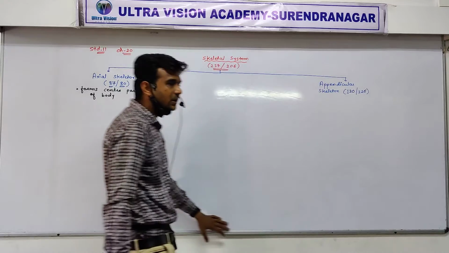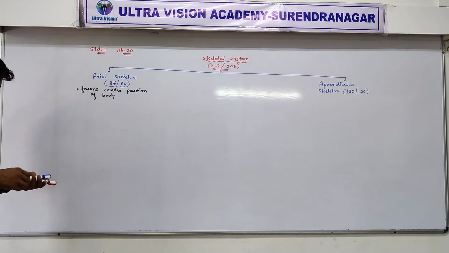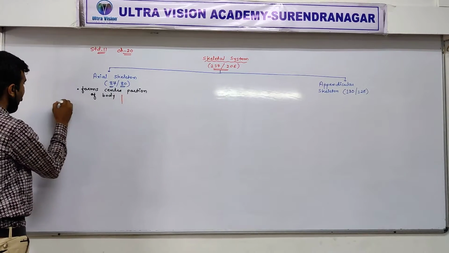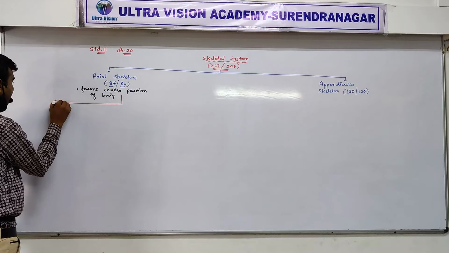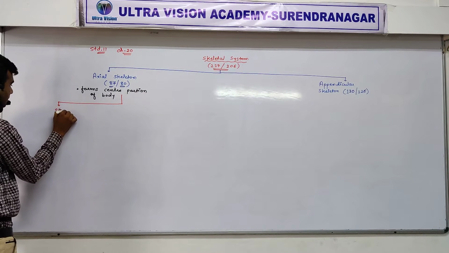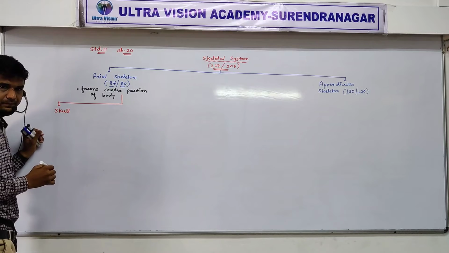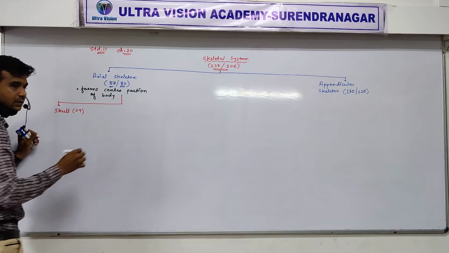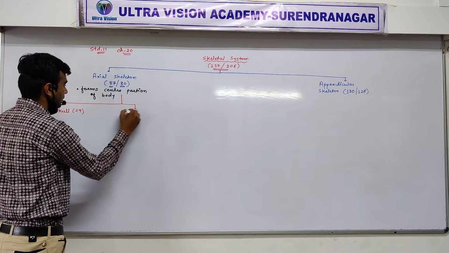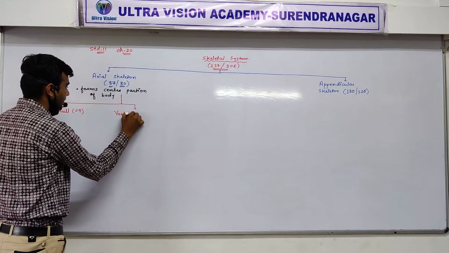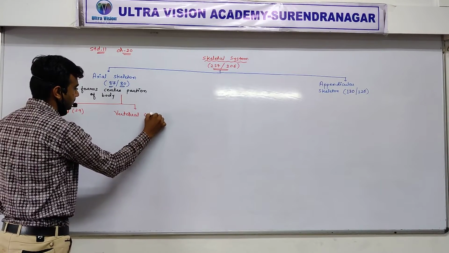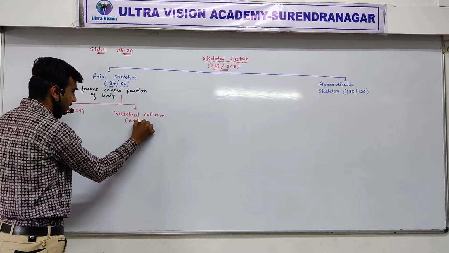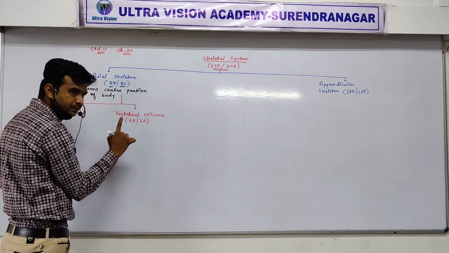Fine. So first of all, continue with the axial skeleton. Axial skeleton, it is divided into 3 parts. Skull consists 29 bones. Second, vertebral column, it consists 33 bones, but we counted 26 bones here.